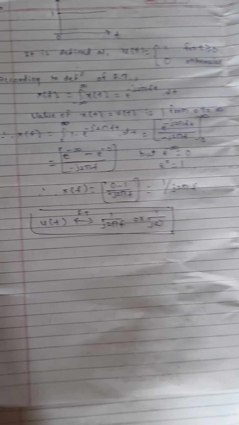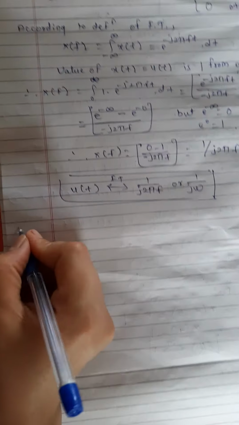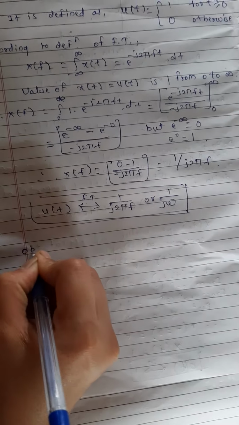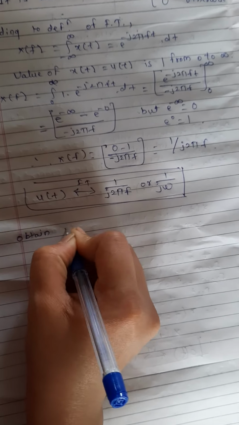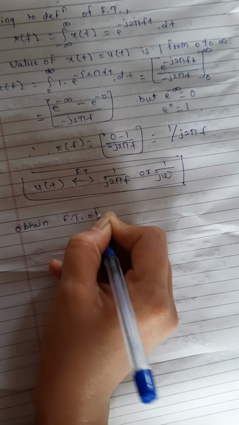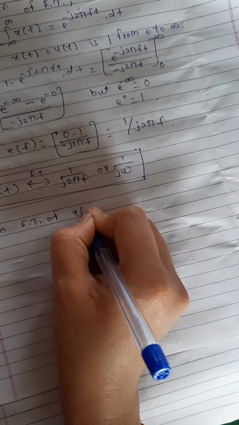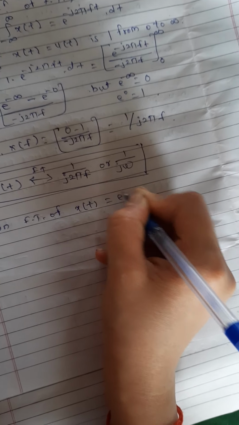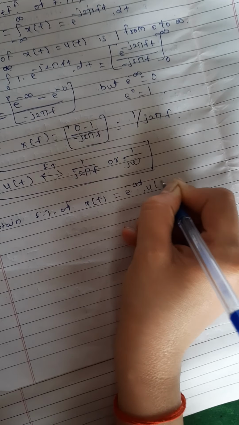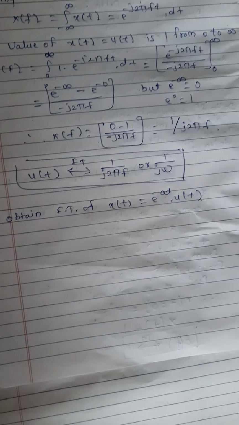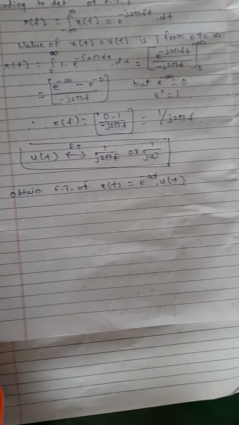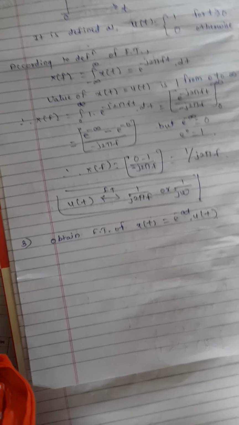Okay, next problem. Obtain the Fourier transform. Third problem. Of x of t is equal to e raised to minus at u of t. So it is a decaying exponential.